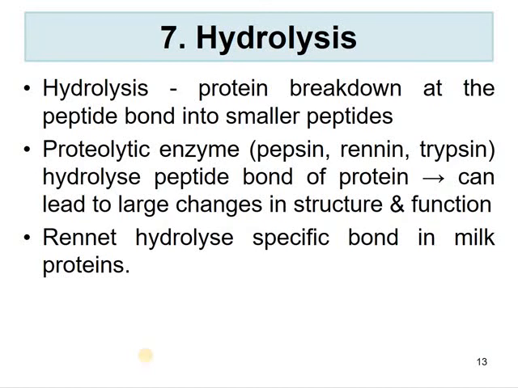So they are used to break down proteins that we consume each and every day, and they break down the protein structure into simple structure. So it results in large changes in structure and obviously function. When the protein is now shorter, what can it do in terms of its biological activities?